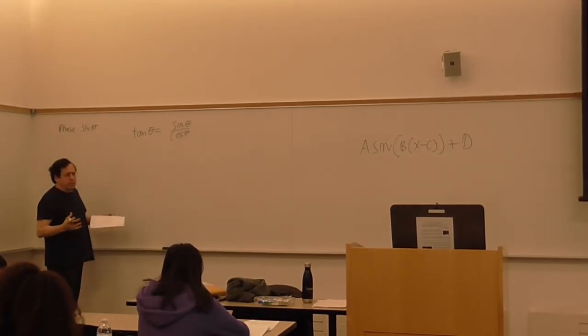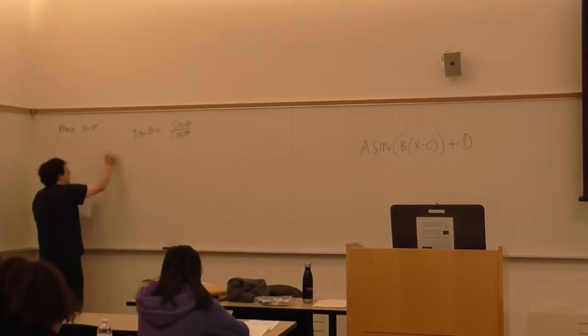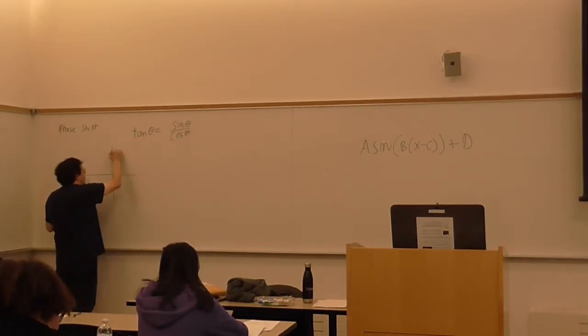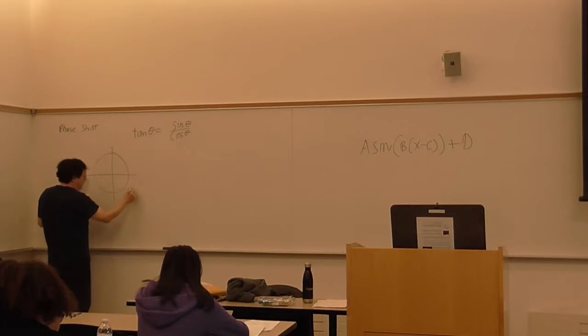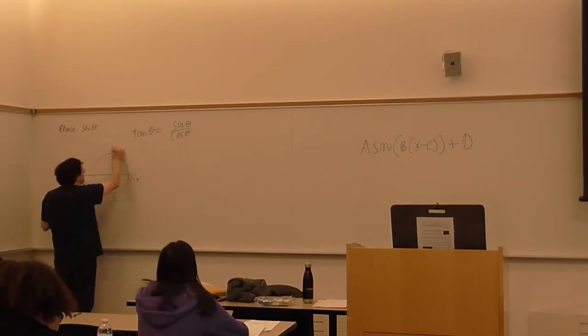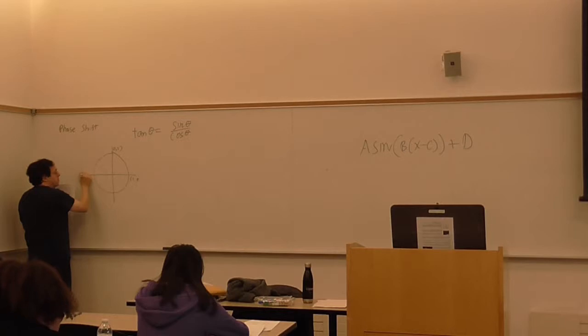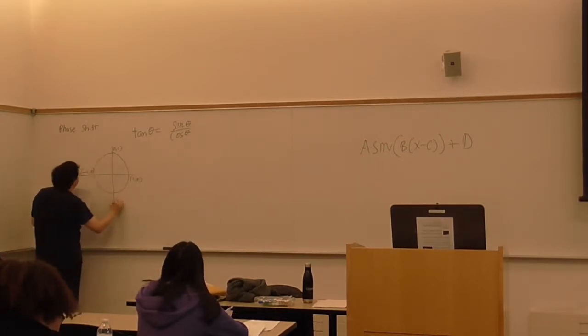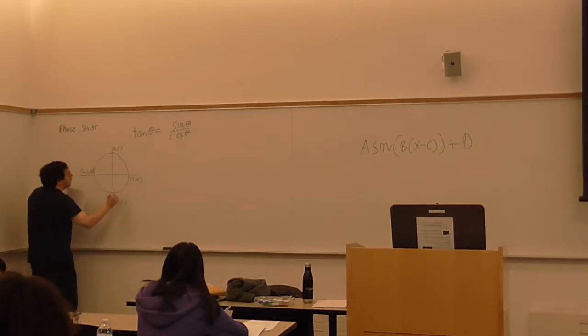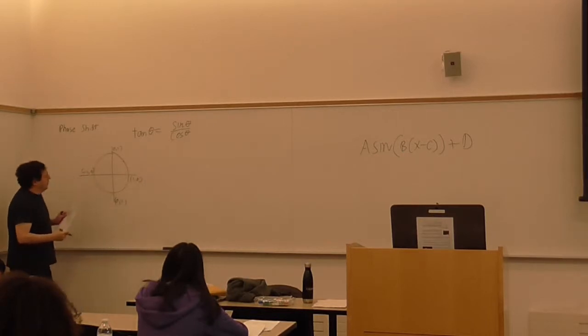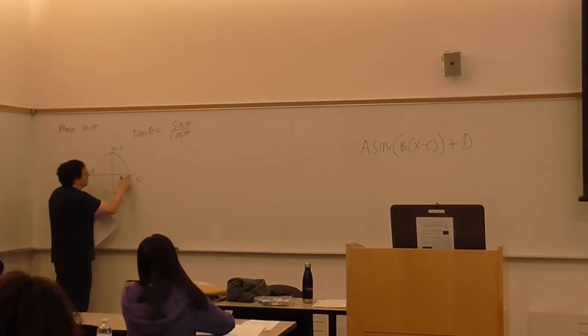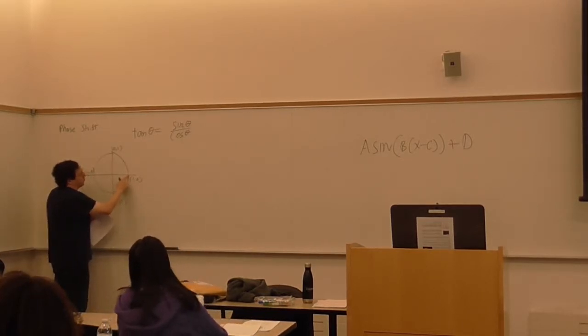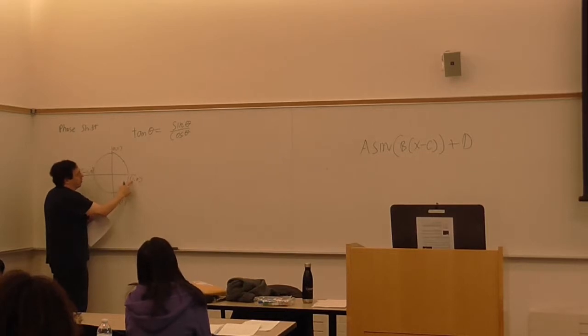And before I actually try and graph it, I want to go back and look at my unit circle. And let's look at a few points on here. At 0 degrees, the sine is 0 and the cosine is 1.